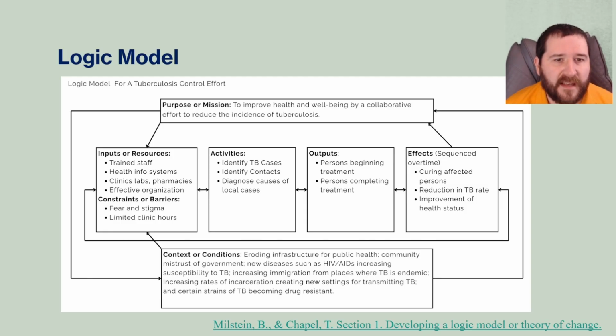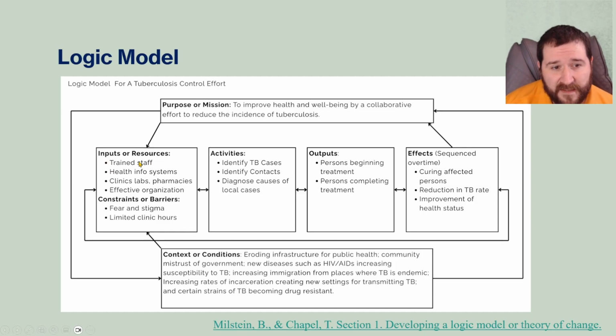And here you can see an example from healthcare. In this case, it's a program on controlling tuberculosis. You can see they have their purpose or mission statement, speaking in general terms about their goal. They have their inputs and resources. They need trained staff to run their program.